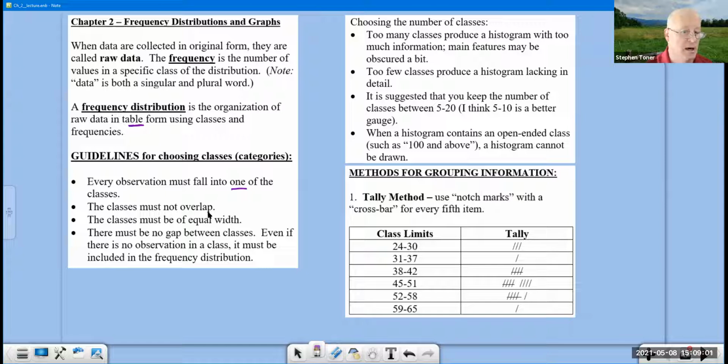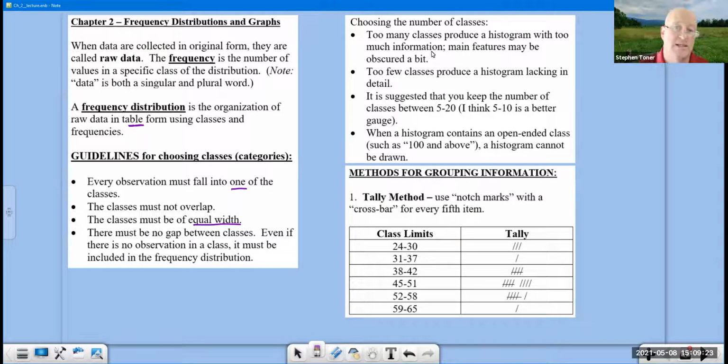The classes cannot overlap. They must be of equal width. There must be no gaps between the classes because we need to have a place to put all of our data. And even if there's no observation in a class, it must be included. We don't skip over any classes.